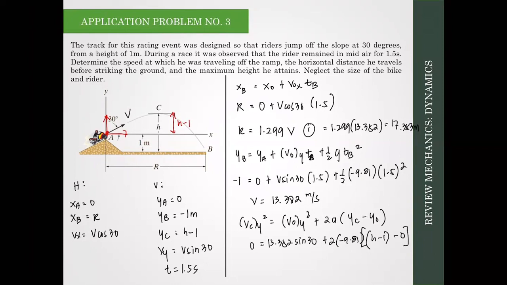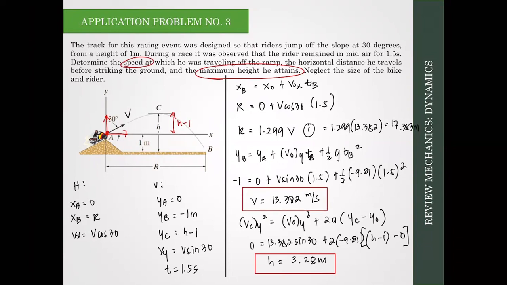And then kapag sinimplify natin, ang makukuha nating value, we will have 3.28 meters as our value for H. So ito yung hinahanap natin for the maximum height na kaya niyang i-attain, no, mula doon sa ground natin. And then, ano pa, yung speed, no? Speed natin is ito. And then, horizontal distance natin is ito.